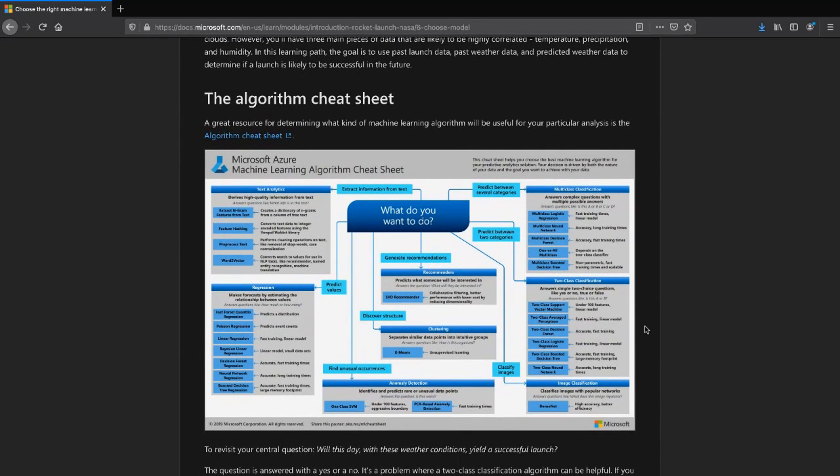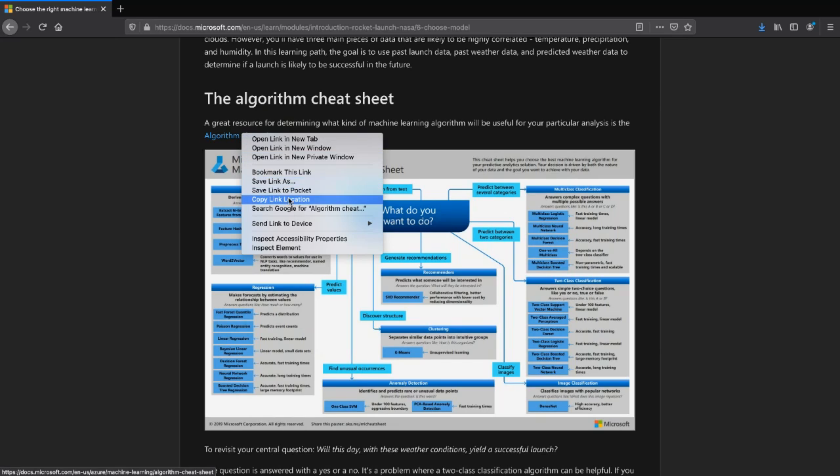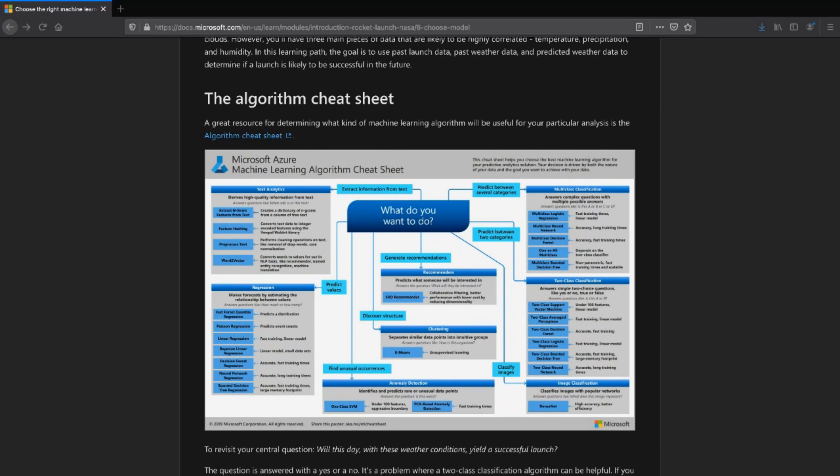But there's this really cool cheat sheet here, and actually we'll share the link to this because it's so useful. This is a workflow to help you kind of ask yourself, what is it you want to do? I want to predict values. I want to extract information from text. I want to make predictions between two categories. I want to make predictions between several categories.